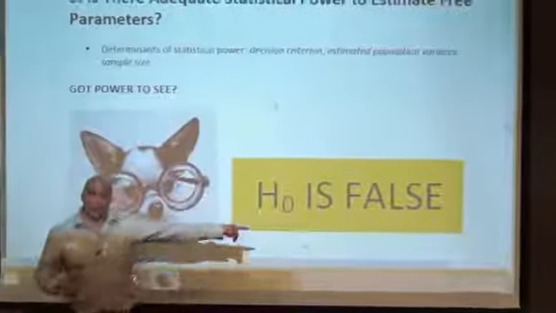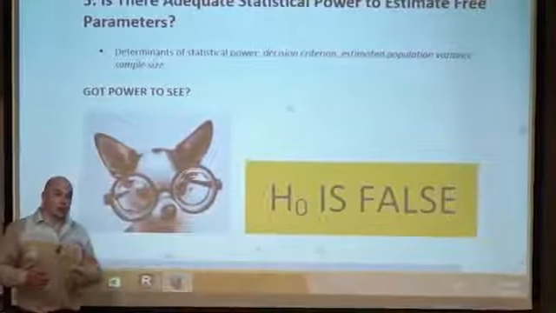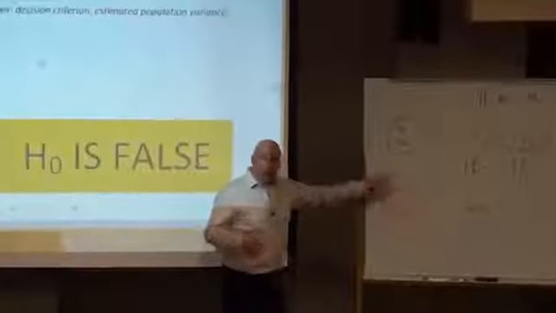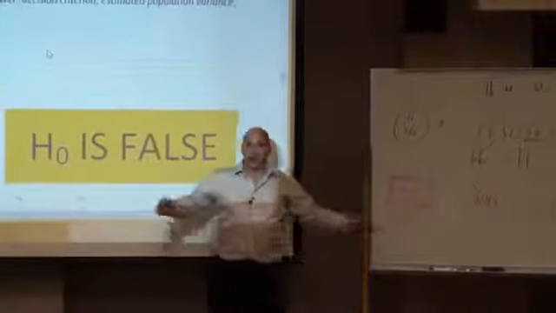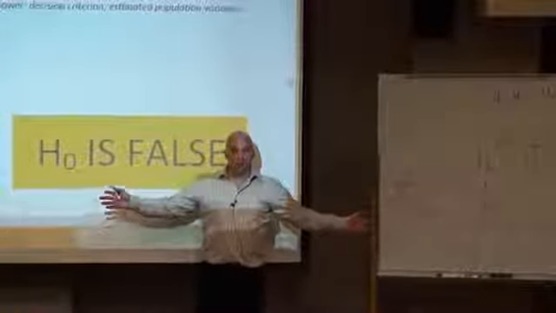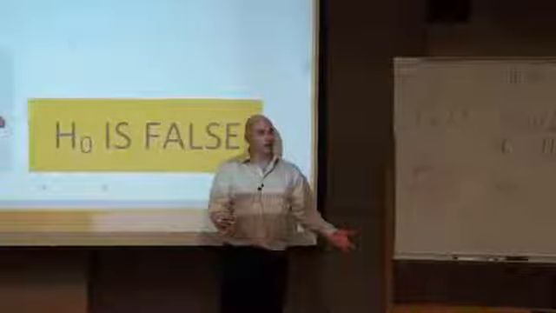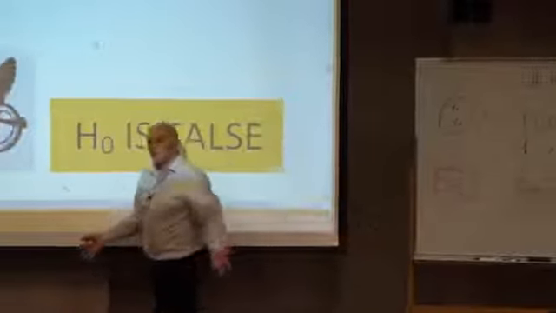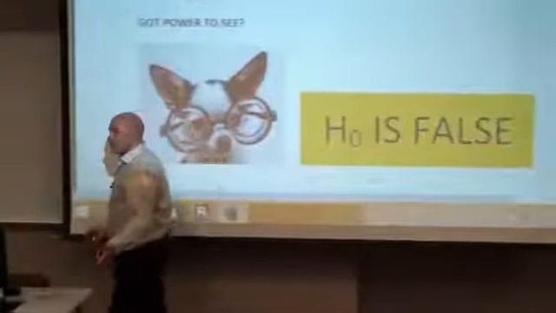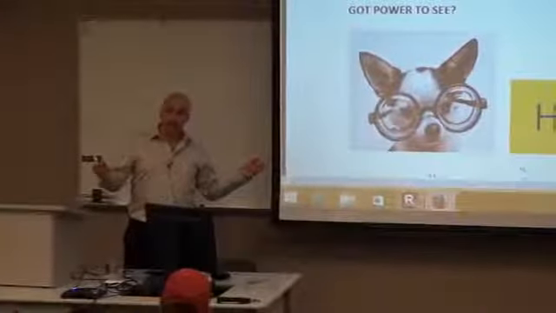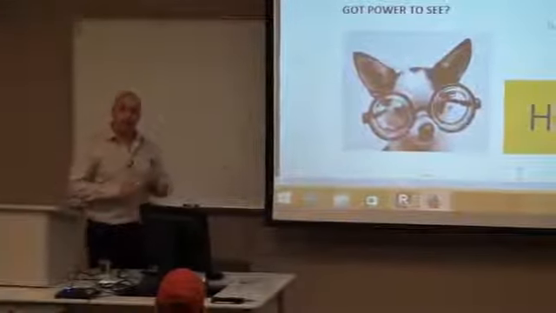Well, if you rejected the null hypothesis, you had sufficient power. Power is not an issue. It's when you get high p-values and the authors are saying, I found nothing, that you especially have to ask, did you even have power to see it? What is power? It's a probability of rejecting the null hypothesis if it's false. It's a signal detection.